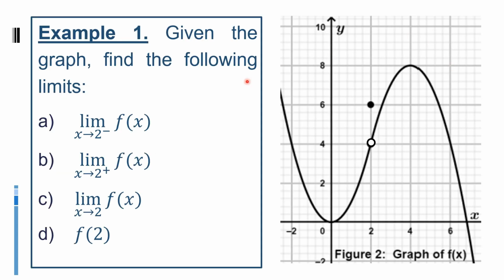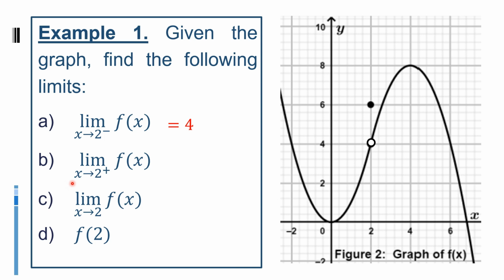Given this graph, let's find the limit as x approaches 2 from the left of f of x. So, tignan lang natin, from the left of 2, saan ba papunta yung ating f of x? That is at 4. Therefore, the limit as x approaches 2 from the left of f of x is equal to 4.